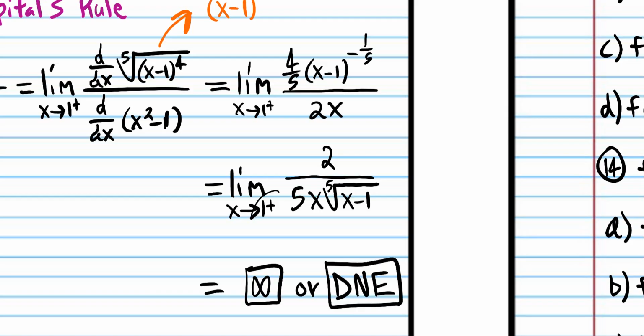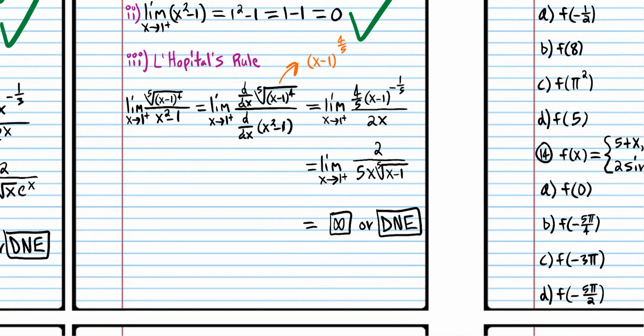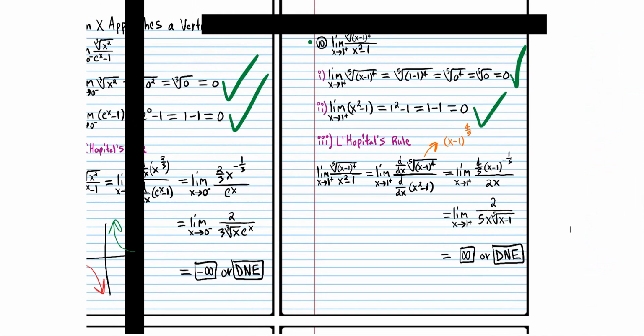But since we're approaching from the right, we're going to have positive numbers here as this expression explodes. The denominator is going to get closer and closer to 0, which means that the expression is going to become very, very big. But is it going to be big in the positive direction or the negative direction? That's the question. So if you got that one right, excellent.